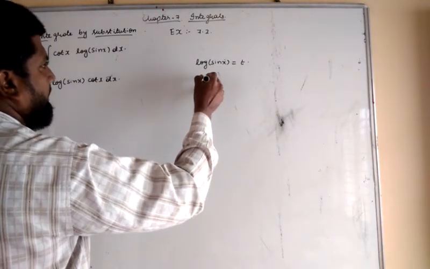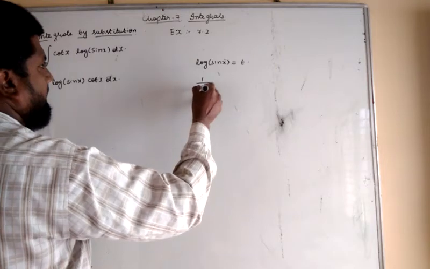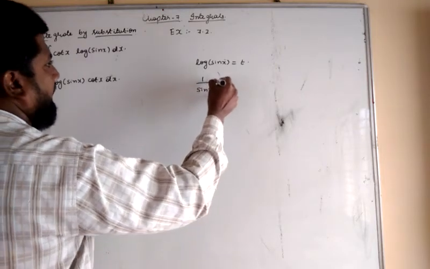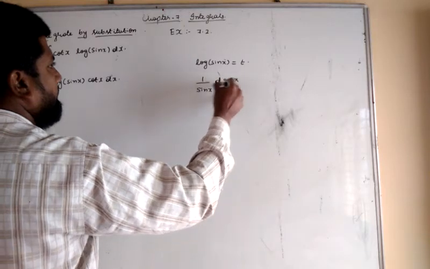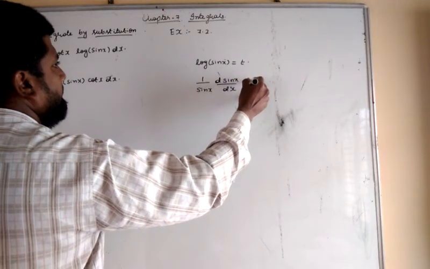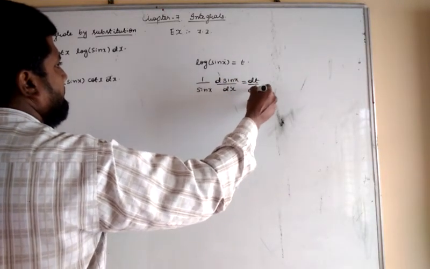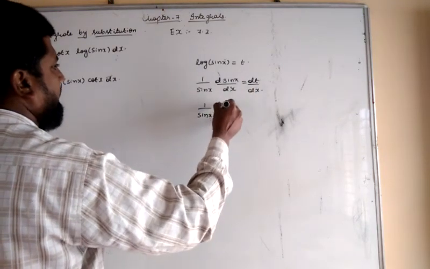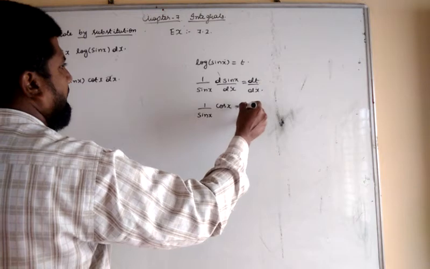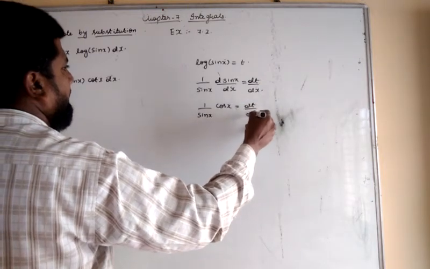Then differentiation of this: log x differentiation is 1 by x, so 1 by sin x, in the place of x we have sin x, that is the chain rule. And sin x differentiation is cos x, equal to dt by dx.